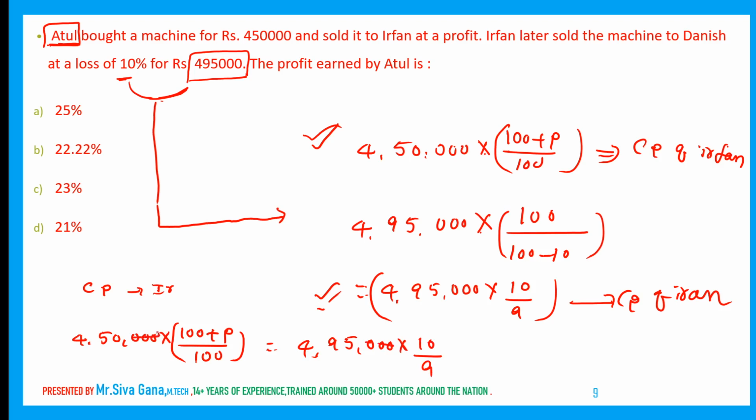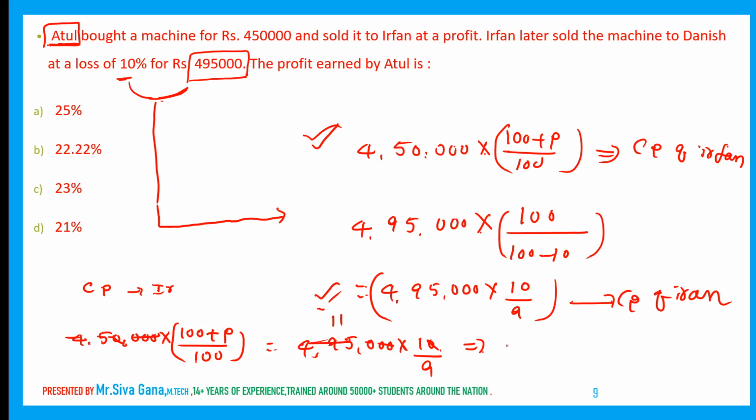Three zeros just remove, and this zero gets removed. Now finally what I'm going to get is 45 11s, 11 by 9. So 100 plus p divided by 100 is 11 by 9.